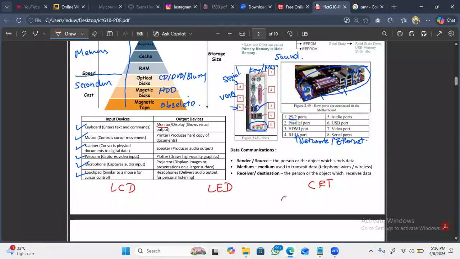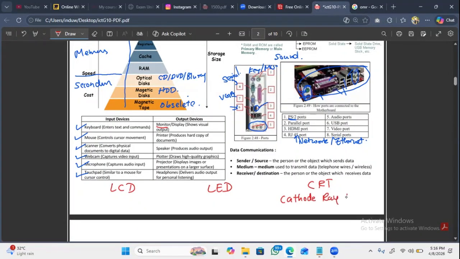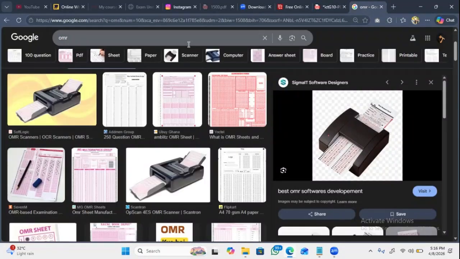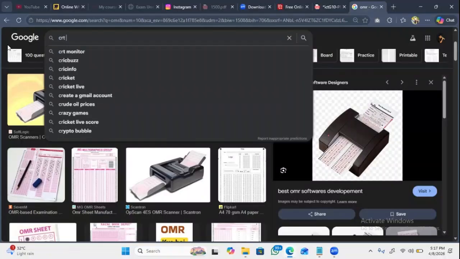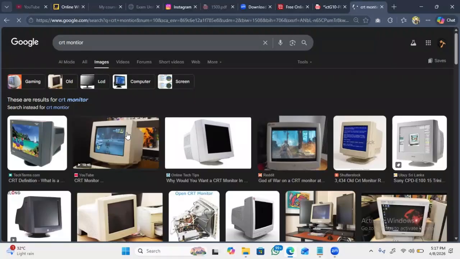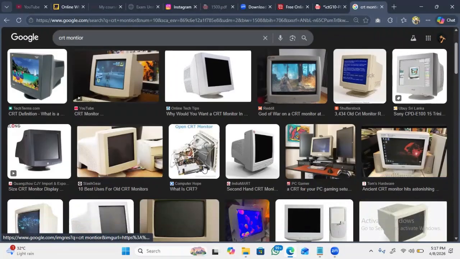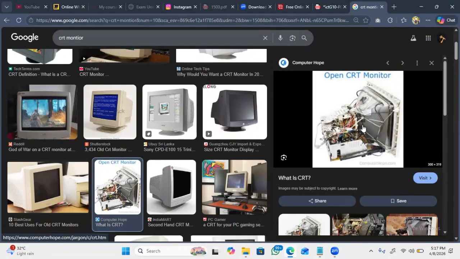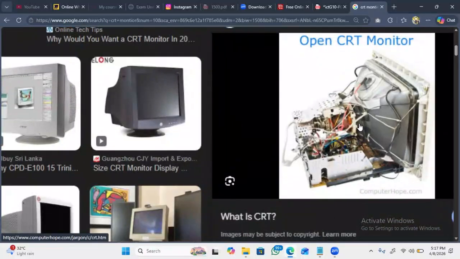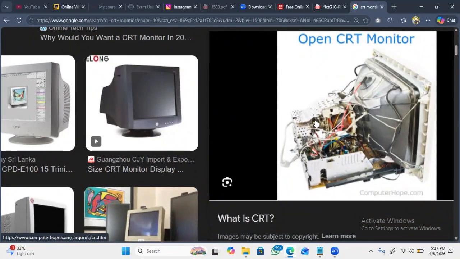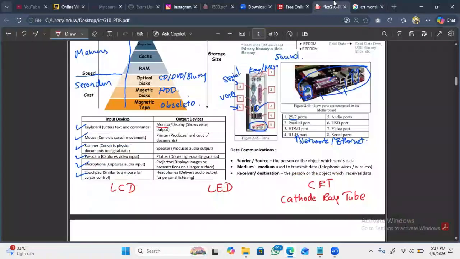CRT means cathode ray tube monitors. What are cathode ray tube monitors? I can show you. CRT monitor, the bulky monitor. This big one. It's not much quality. Inside here we have the cathode ray tube. See, we have the cathode ray tube here. So that's CRT, nothing big.